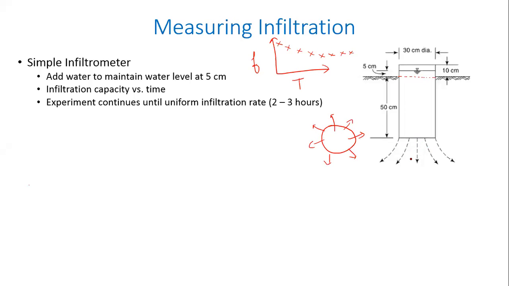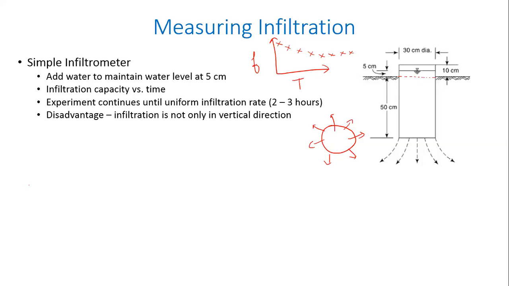So you see the arrow in the middle is indicating that water is moving downwards vertically with gravity, but it can also move sideways. So that is one of the disadvantages, that infiltration is not only happening in the vertical direction, it's also happening radially simultaneously along with the vertical direction. So you may tend to overestimate the infiltration, right? That's what this test does.